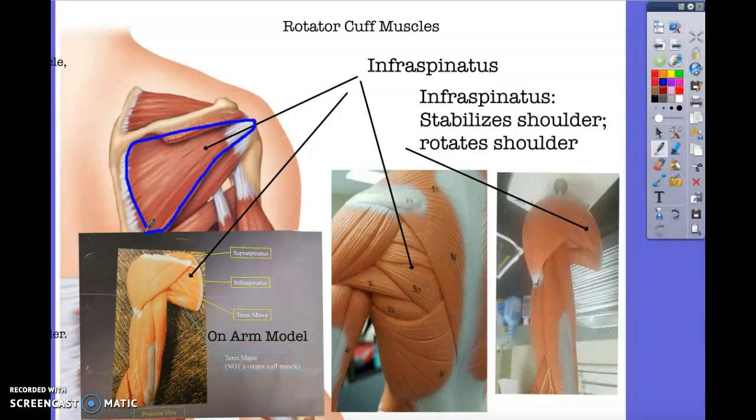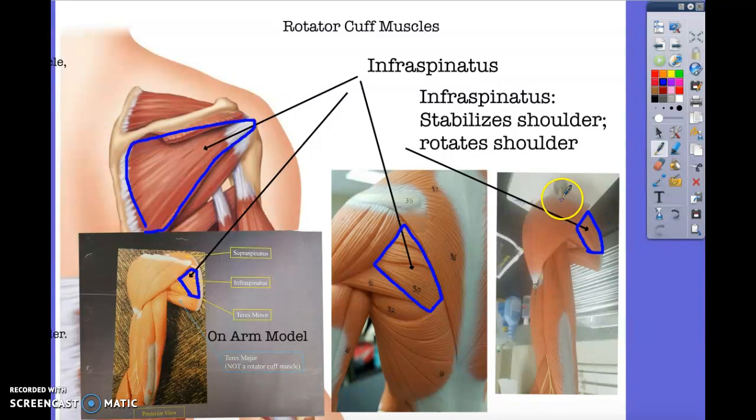So here it is on our PowerPoint. We see the deltoid's been cut away. Here it is on our arm model, and on our mini man. And here we have it on our arm model again.